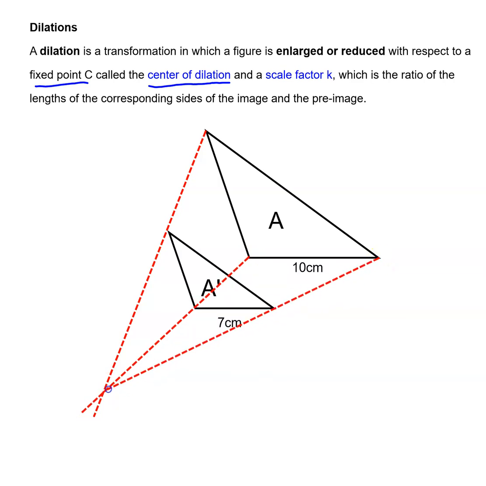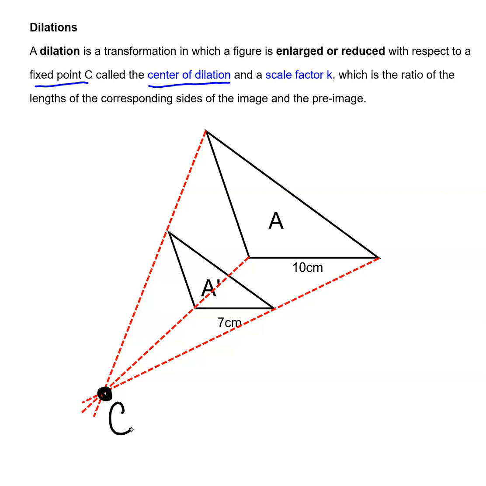When I connect those vertices, you'll notice that all 3 of those lines intersect at this point right here. That point C is considered the center of dilation.